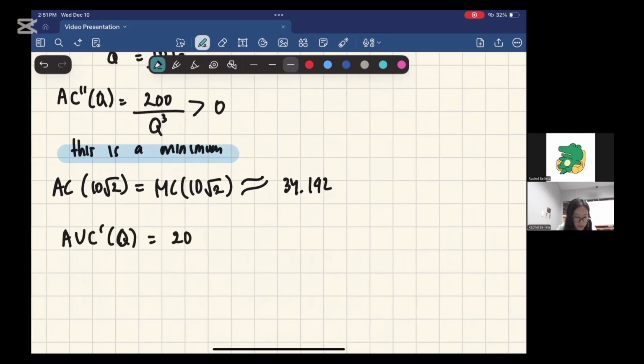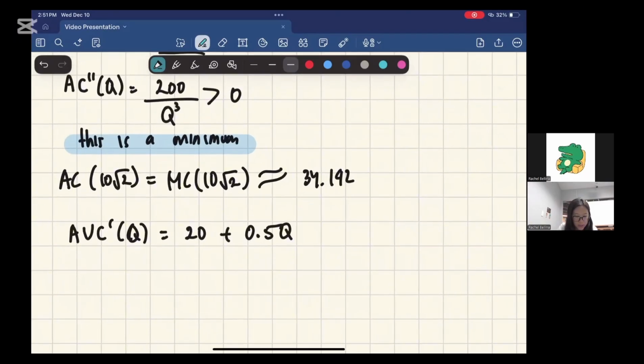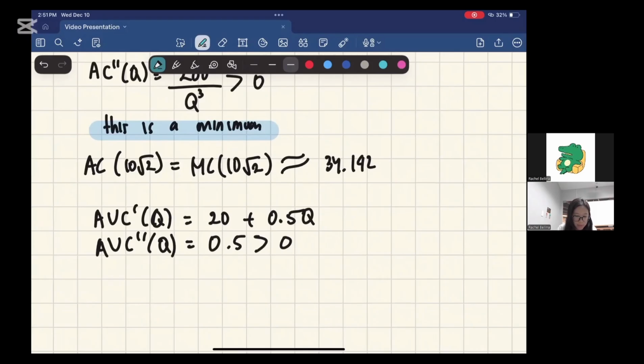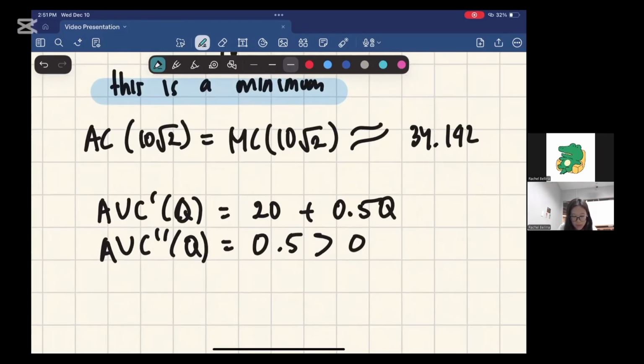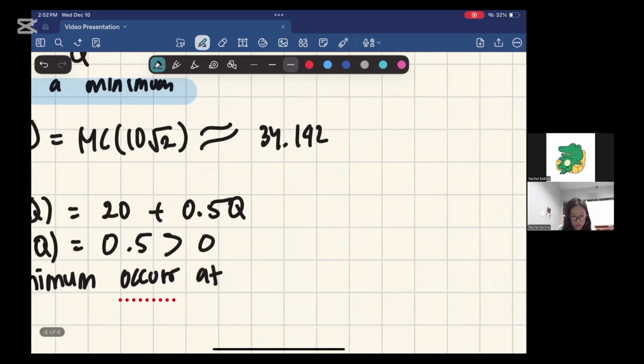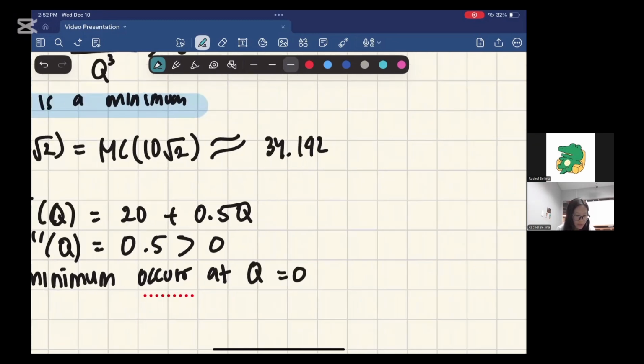Equals 20 plus 0.5 Q. And since the second derivative of average variable cost is 0, its minimum occurs at Q equals 0.